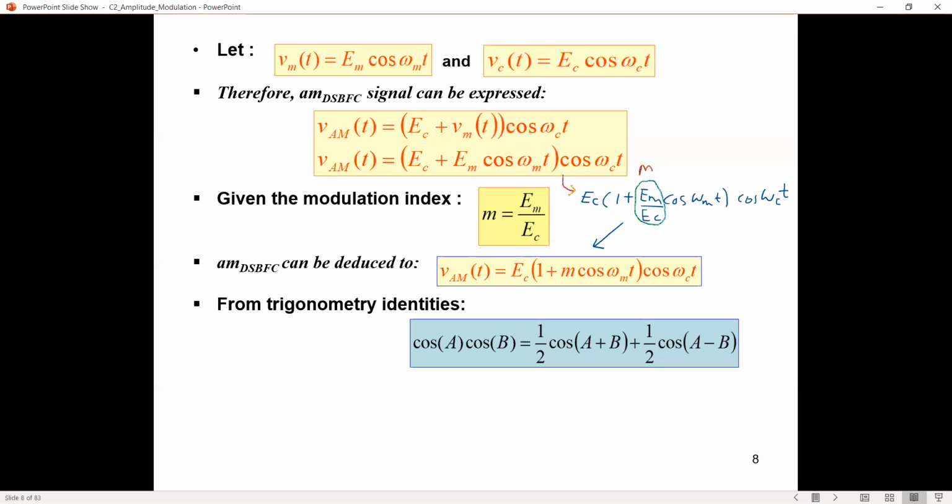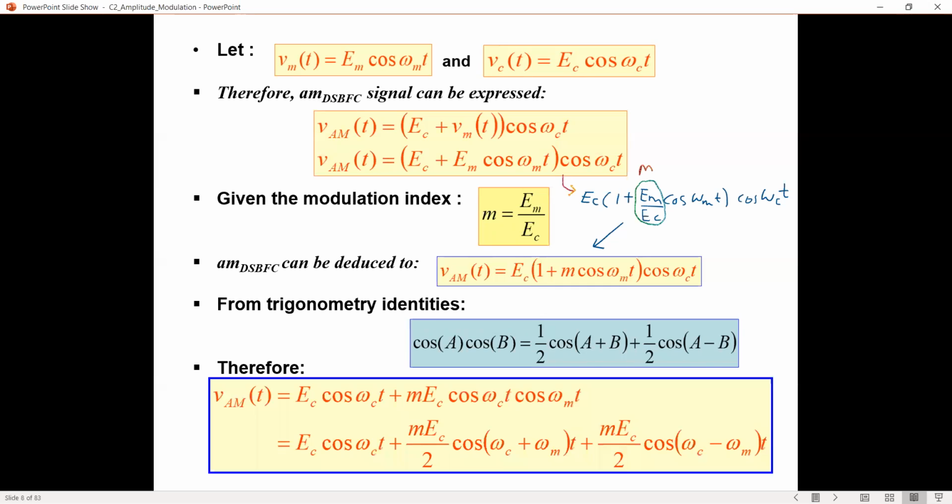Using the trigonometry identity cos A cos B equal to half cos(A plus B) plus half cos(A minus B), we can expand this equation. So it becomes EC cos omega CT plus m EC over 2 times cos(omega C plus omega M)t plus m EC over 2 times cos(omega C minus omega M)t.